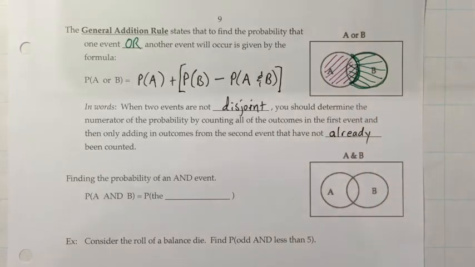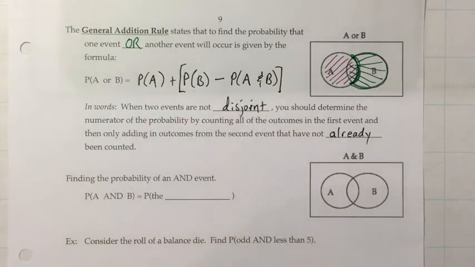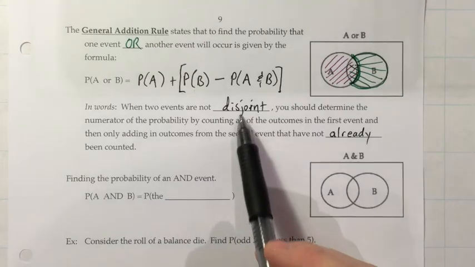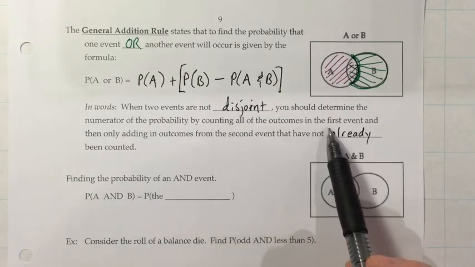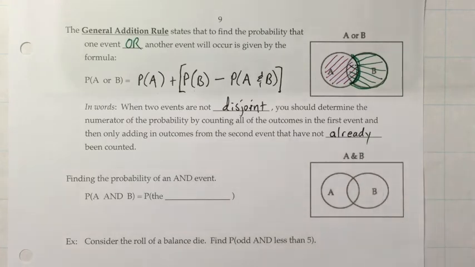So only the new stuff when you move on to the second event. So that's real important. Keep in mind that you don't double count. The rule could say double count and subtract the extra. I think you'll do better in probability if you avoid the double counting in the first place, and the words version tells us that. All of the first one, but only the new stuff from the second one, only the stuff that has not already been counted.